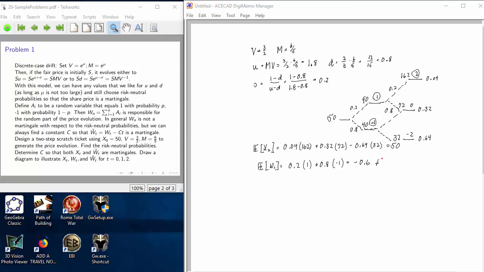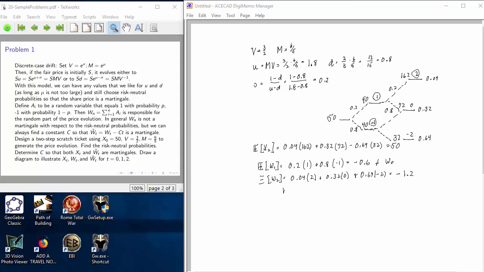That's not equal to W0, which was 0. And if I go one stage further, I get 0.04 for the value of 2 plus 0.32 for the value of 0 plus 0.64 times the value of minus 2, and that's equal to minus 1.2. And you can see what's going on. This is just dropping by 0.6 each time.